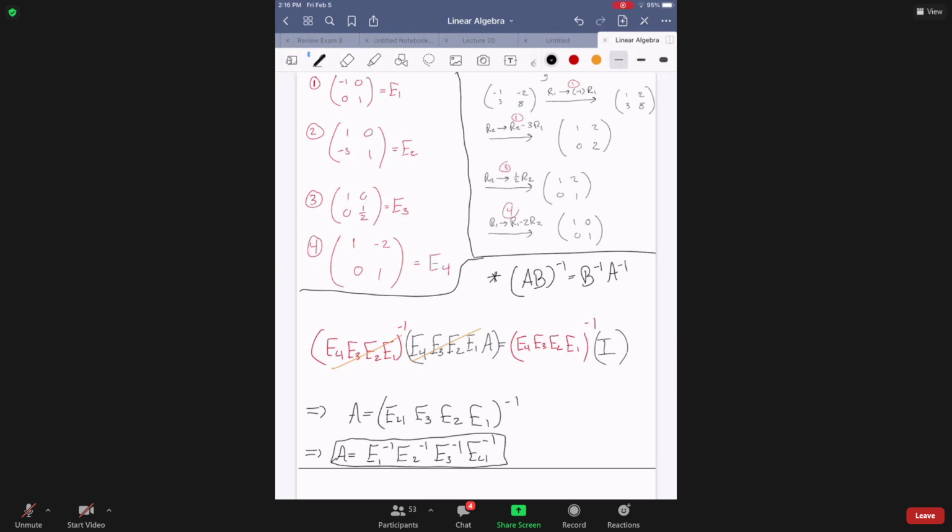The only reason it worked is because this reduced down to the identity, right? If it didn't reduce down to the identity and we multiply both sides by this giant matrix, it would no longer just be a product of elementary matrices. It would be a product of elementary matrices and then another matrix that might not be elementary. So that's why that theorem is true.